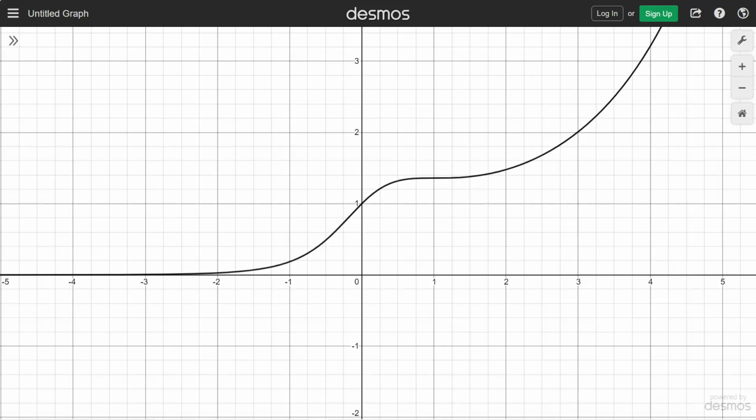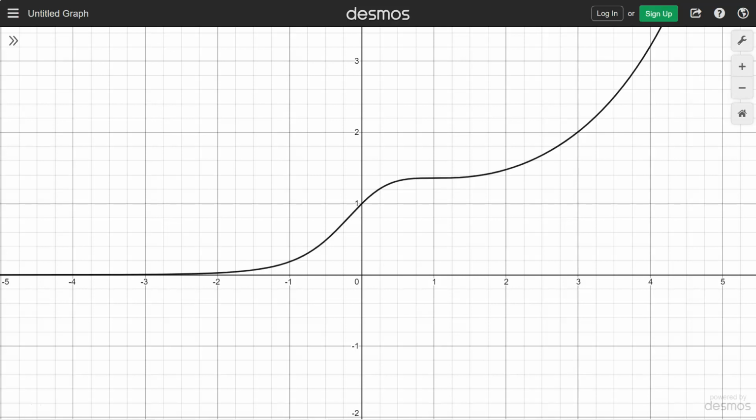It's increasing, but it speeds up and slows down. So it appears to be concave up quite a ways, up to -1. And then somewhere between -1 and 0, it seems to change for a little bit to concave down, right around 0.